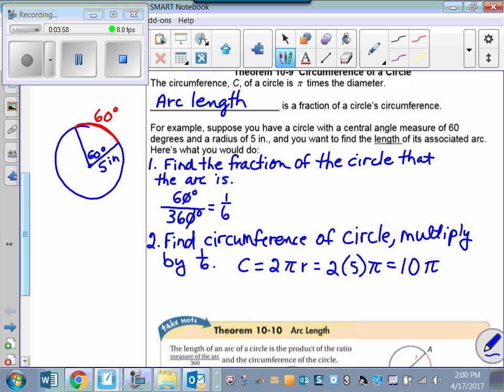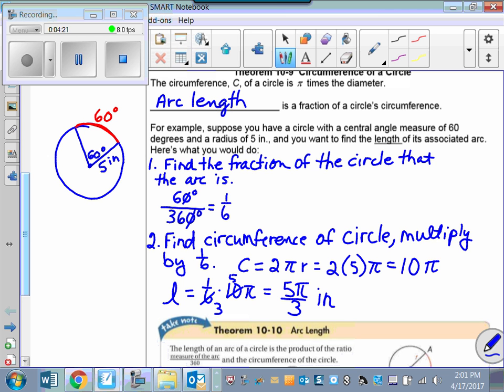So what we got is our arc length, and I'm just going to call it little l like that, is 1/6 times 10 pi. And then if I simplify that, 2 goes into 6 3 times, goes into 10 5 times. So 5 pi over 3, and we got inches there.